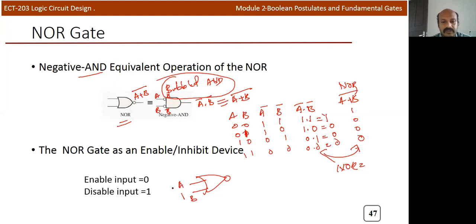Irrespective of the A input, if you apply 1 at B, the output will always be 0. Okay. So I can call it the disable input of the NOR gate is always 1. Okay, and the enable input is 0.